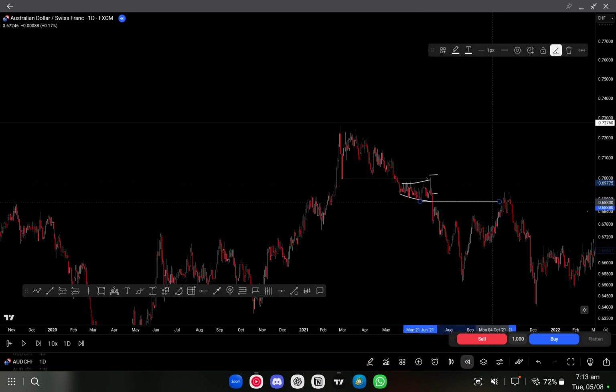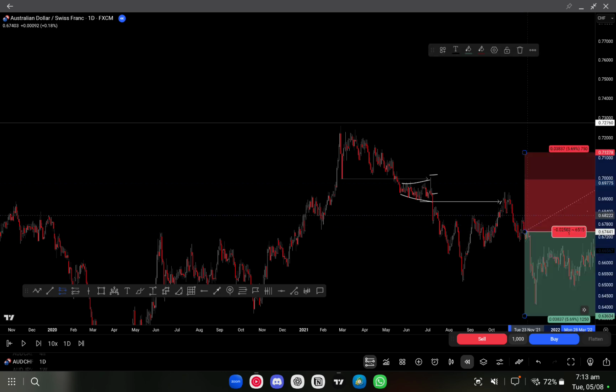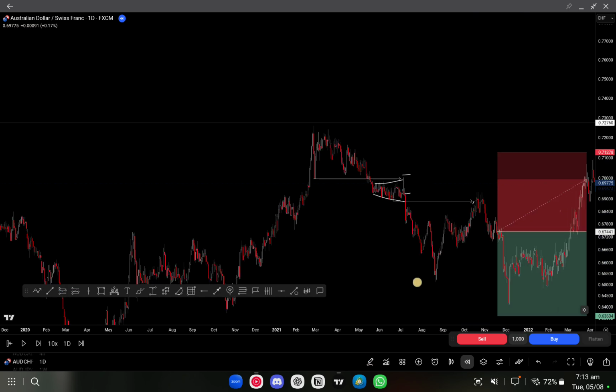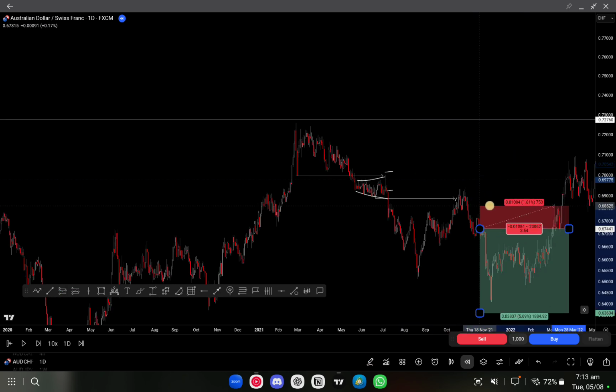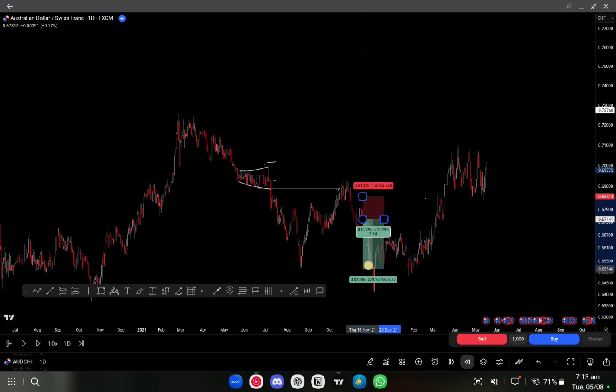and then failed. This one didn't quite complete in the best way. It did give you a bit of a V, but arguably you could take it like this, stop loss just above, and you're in there, and you could play it to low.